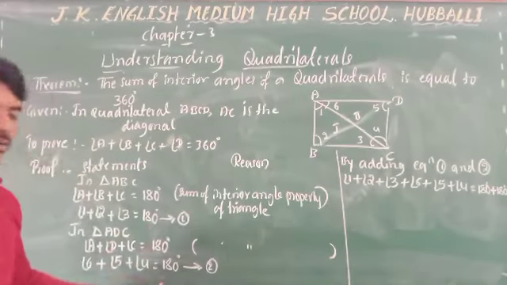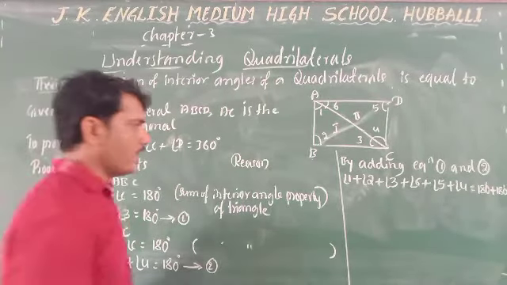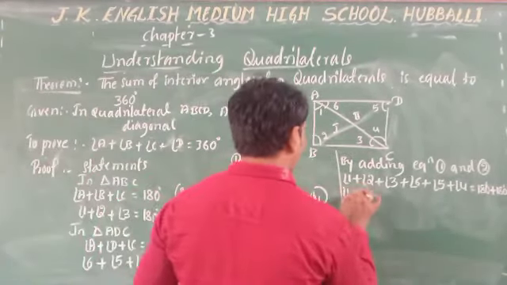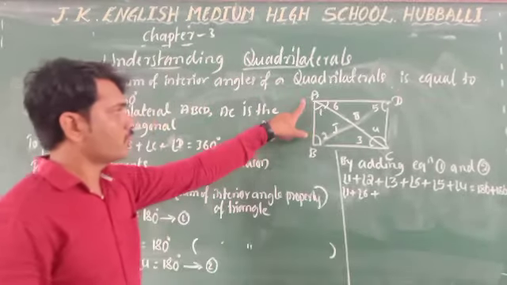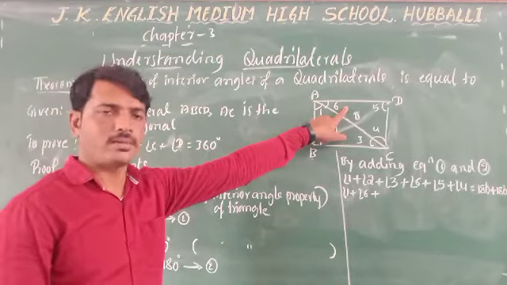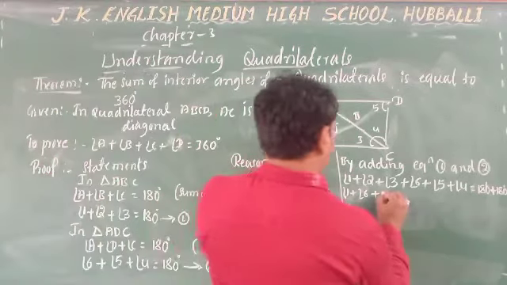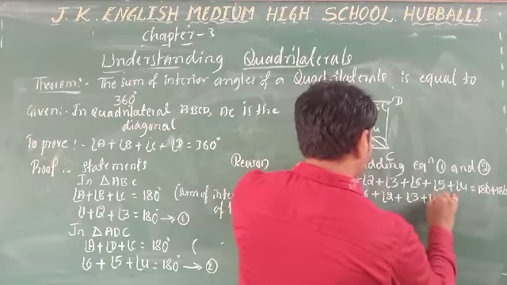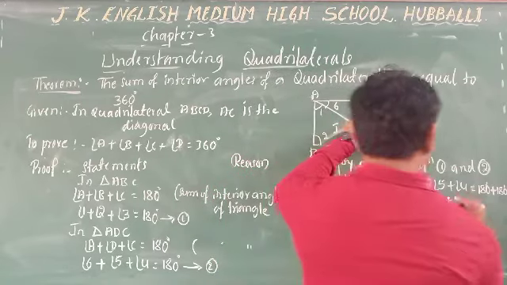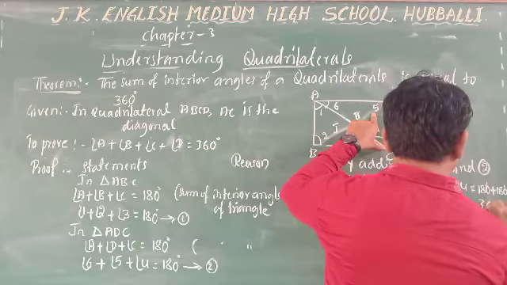So above 180 degrees and below also 180 degrees. Later on, angle number 1 plus what will we take? Angle number 6. Angle A means angle number 1 plus angle number 6. Next one, angle number 2. Next one, angle number 3 plus angle number 4. Remaining is what? Angle number 5.